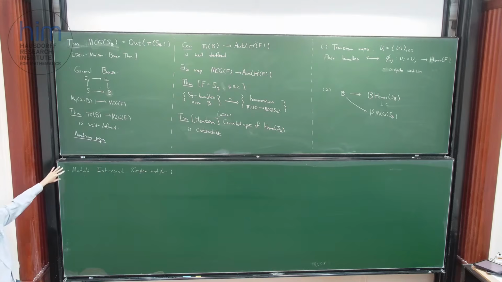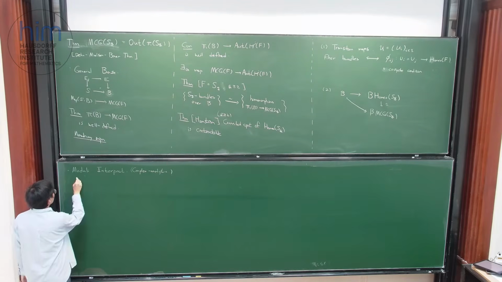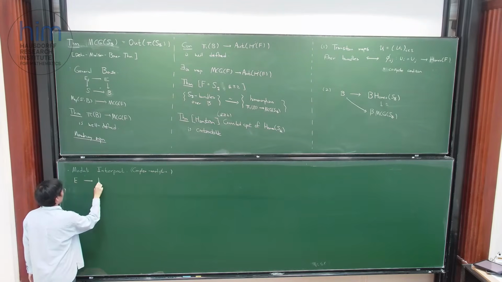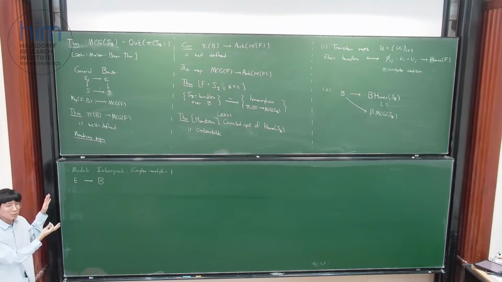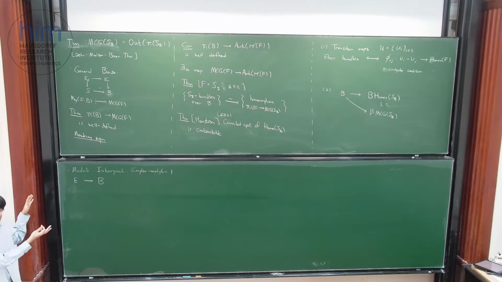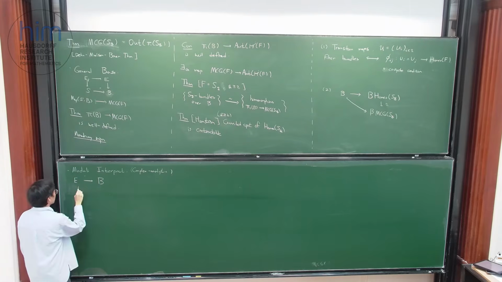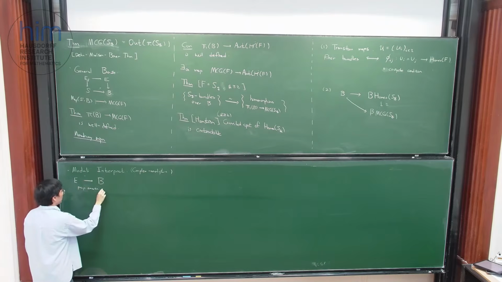In the complex analytic category, the analogue of a surface bundle is just a map E to B, where E is a complex manifold or complex analytic space or anything that you want, and the map is proper, smooth, of relative dimension 1, and fibers are of genus g.